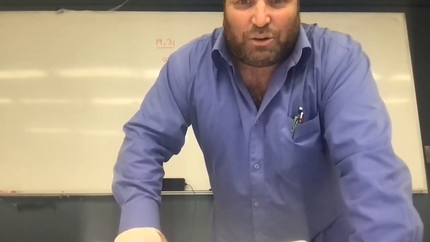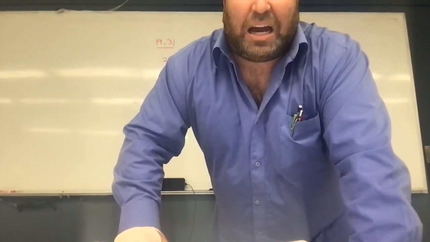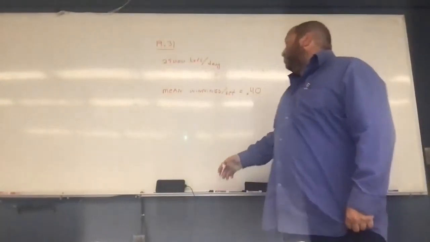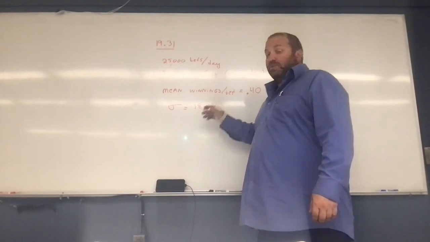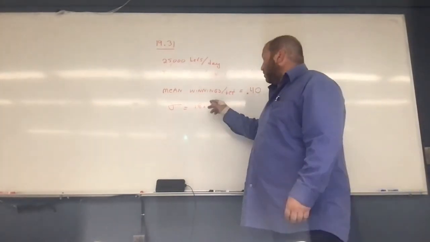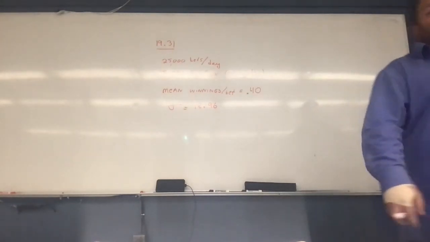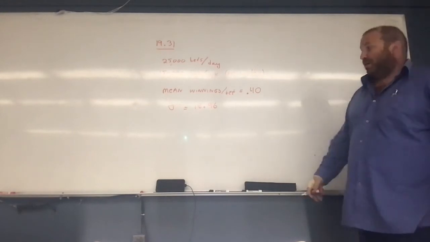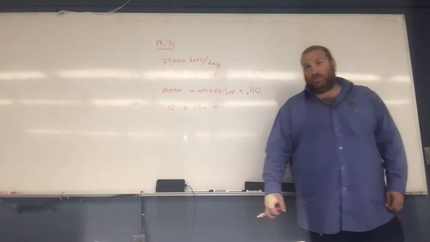His standard deviation for single bets is about $18.96. His standard deviation, well, that's sigma, is $18.96. That means he wins, on average, 40 cents per bet, but the spread of how much he might win is $18.96 in either direction.